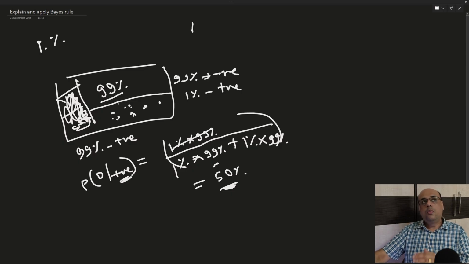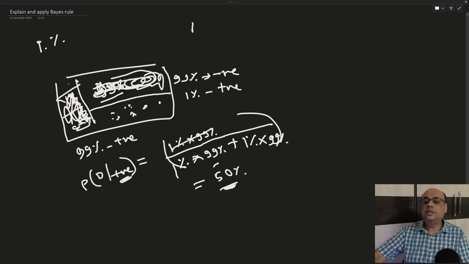So whenever there is a condition that is coming in, the probability of disease given the positive result, then our sample space is also getting restricted. That is why this probability has reduced. So this portion, we are totally striking it out, this portion, plus this portion. These two portions, we are striking it out.